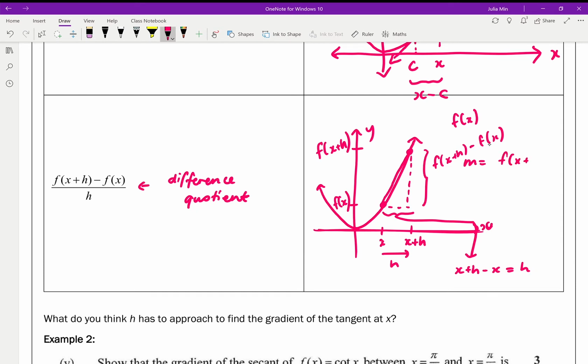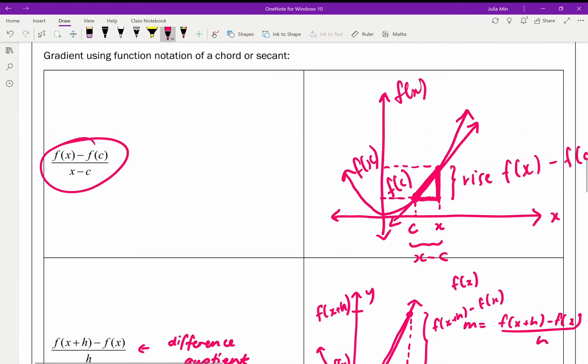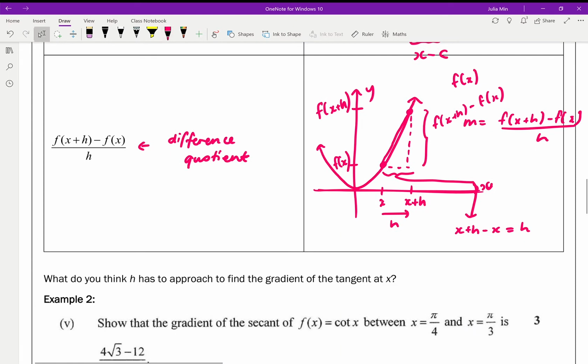That's how we end up with that formula. Okay, so the gradient of a chord or a secant can be found with that formula, or it can be found with this one, where we use x and c. But this one's the one that we use most often, where h is just some coordinate a bit further away from x.